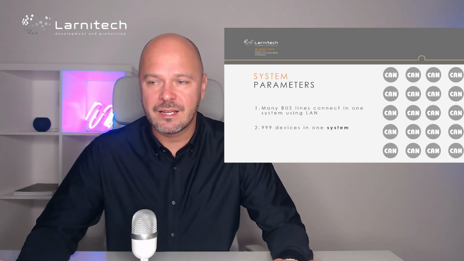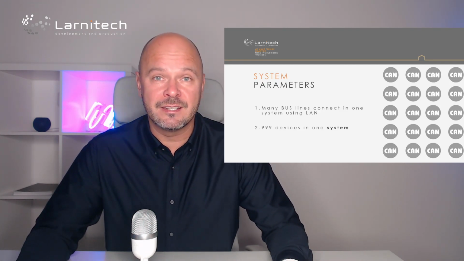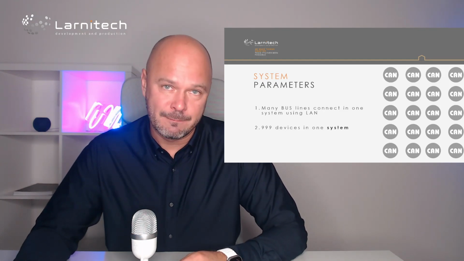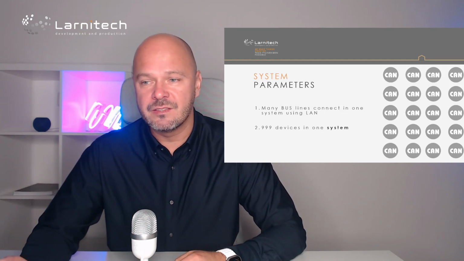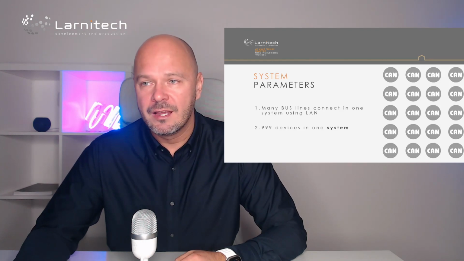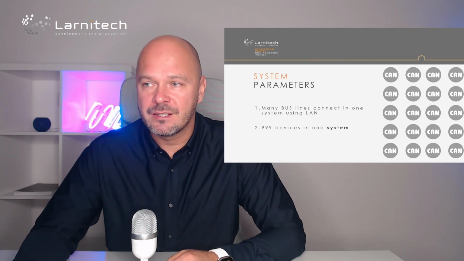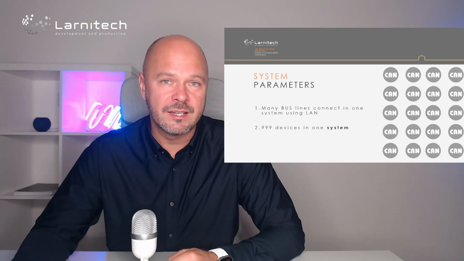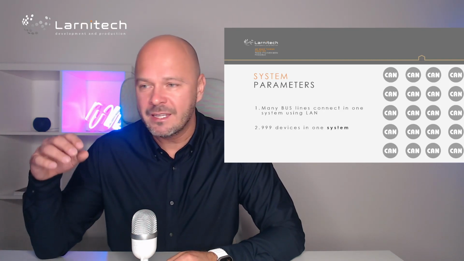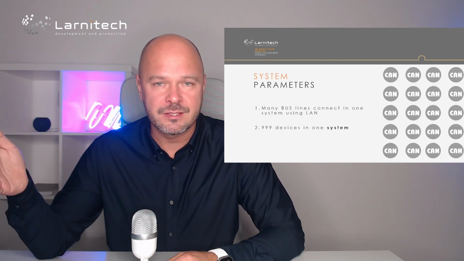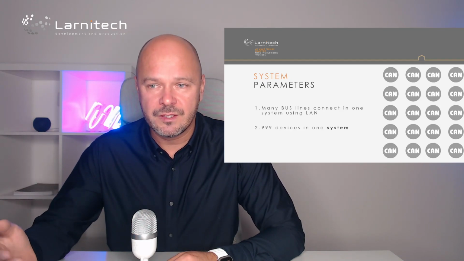We can build up to 999 devices in one system. So this is the limitation of our addresses: 999 devices, each having many functions, each having many channels, but not more than this.